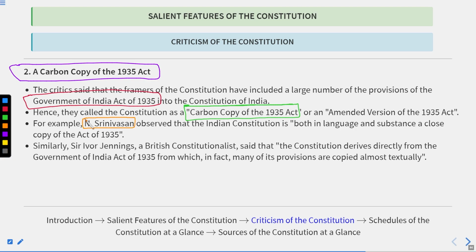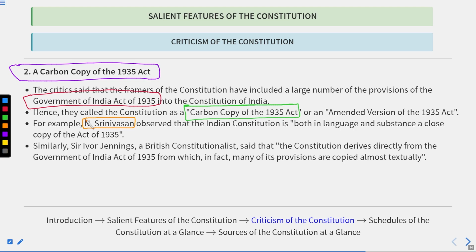All right. Similarly, Sir Ivor Jennings, a British constitutionalist, said that the constitution derives directly from the Government of India Act of 1935, from which, in fact, many of its provisions are copied almost textually.